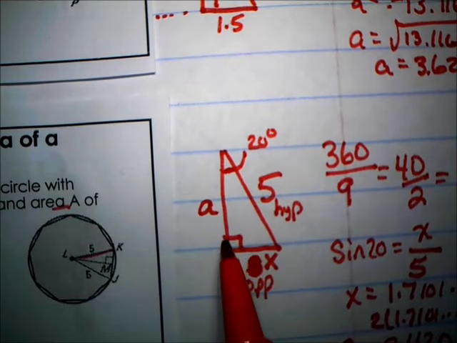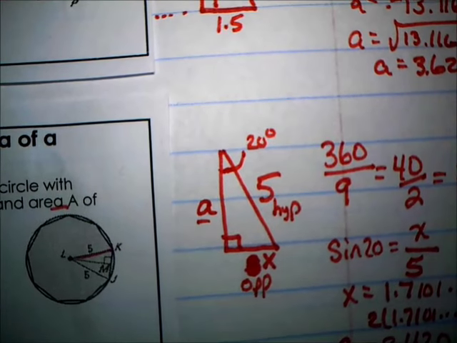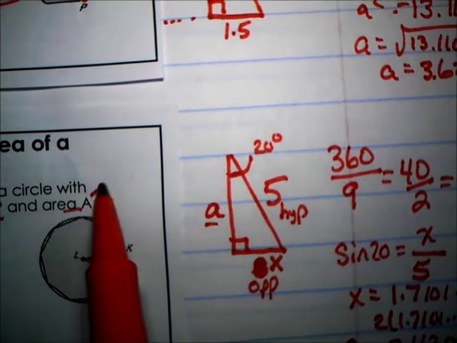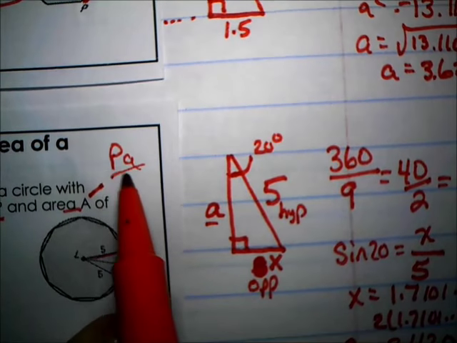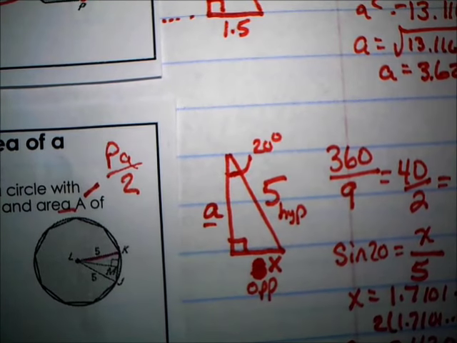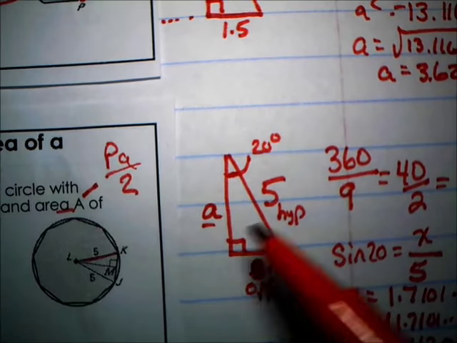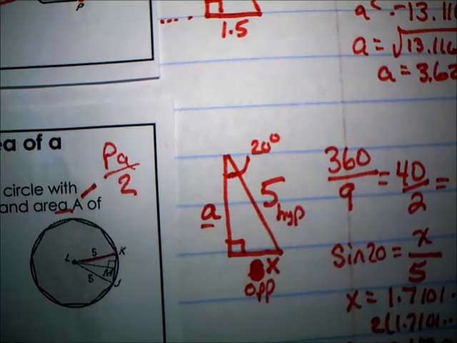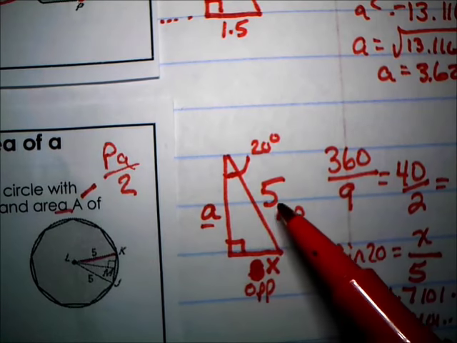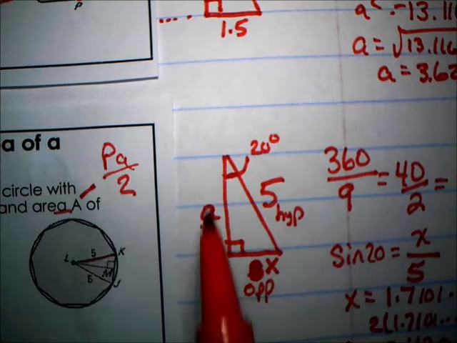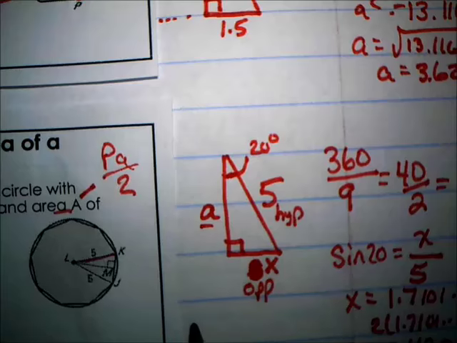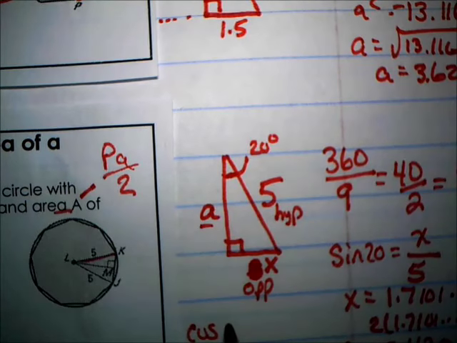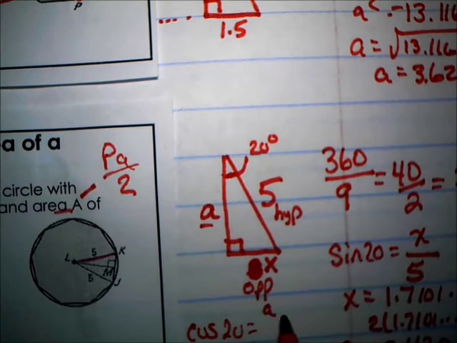If I go back to my picture, I now need to find the A so that I can calculate the area, because remember your area is PA divided by 2. Now I can either go back to my trig, which I'm going to do on this one just because of my strange numbers that I had starting out with here. And the A is beside it, so that means it is the adjacent. So that means I'm going to go to the cosine of 20 is equal to A over 5.